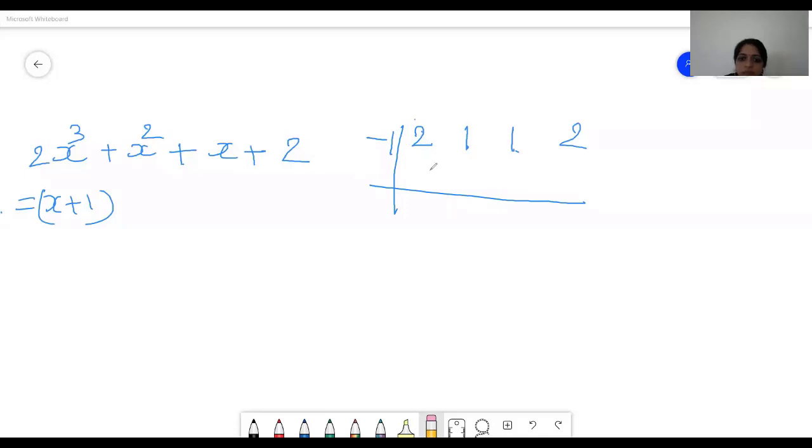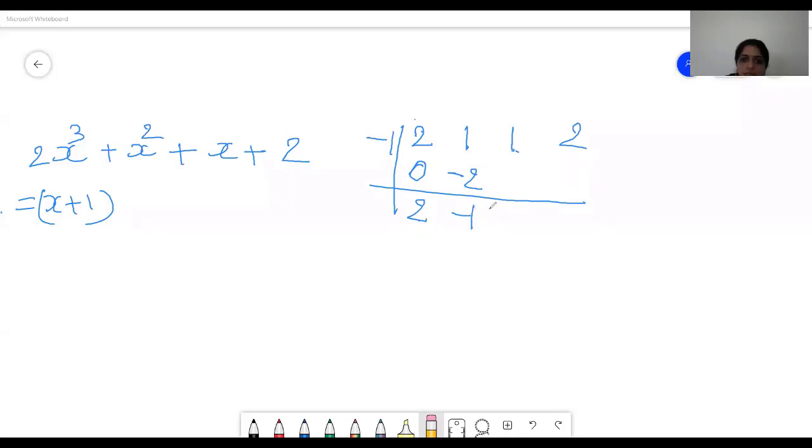And as this is plus, here we are taking minus 1, right? So 2 plus 0, I already told you, here we are starting with the 0. 2 plus 0 is 2. 2 into minus 1, that is minus 2. 1 minus 2, so minus 1.